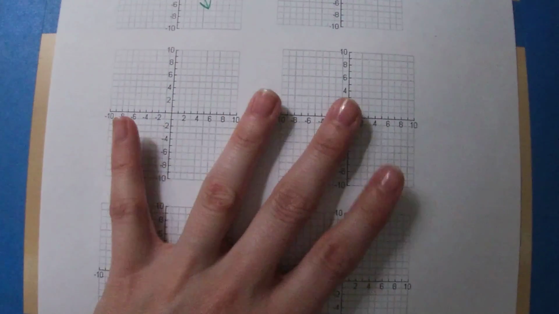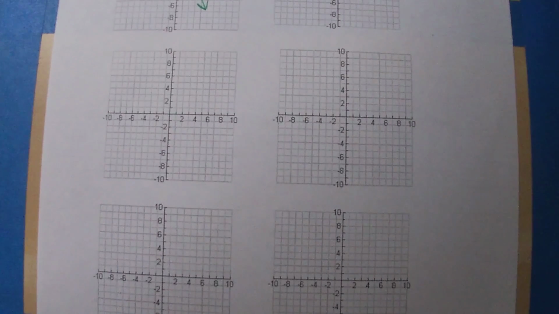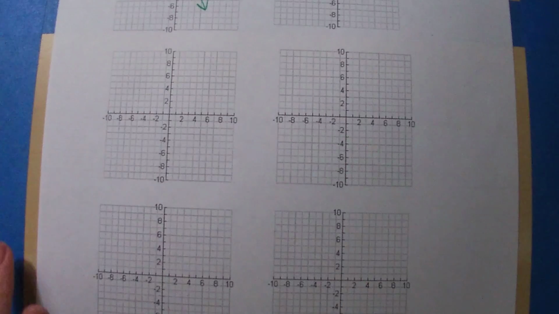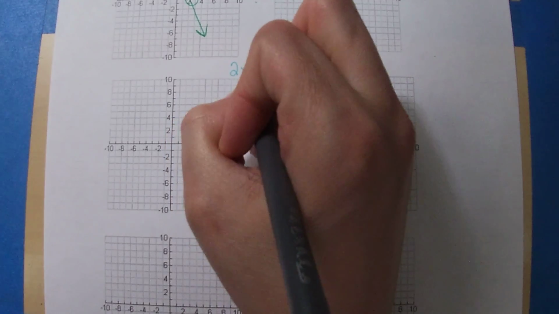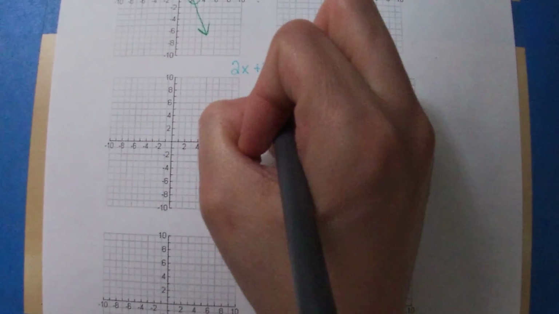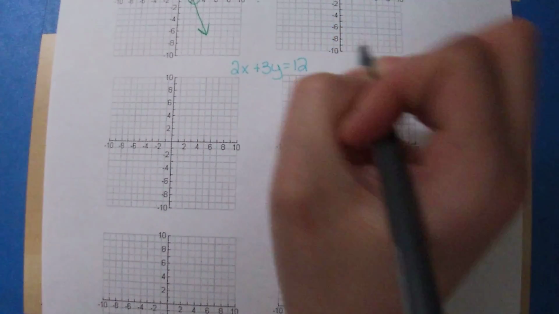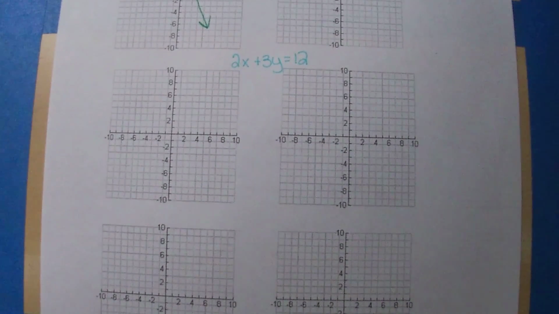Once we can find those intercepts, we can then take that information and graph it. This is a lot easier than graphing in slope-intercept form. We have to do a little bit of extra work to find the x and y intercepts, but once we get them, it's just plotting a couple points of exactly what the number is. So let's say I want to graph 2x plus 3y equals 12.